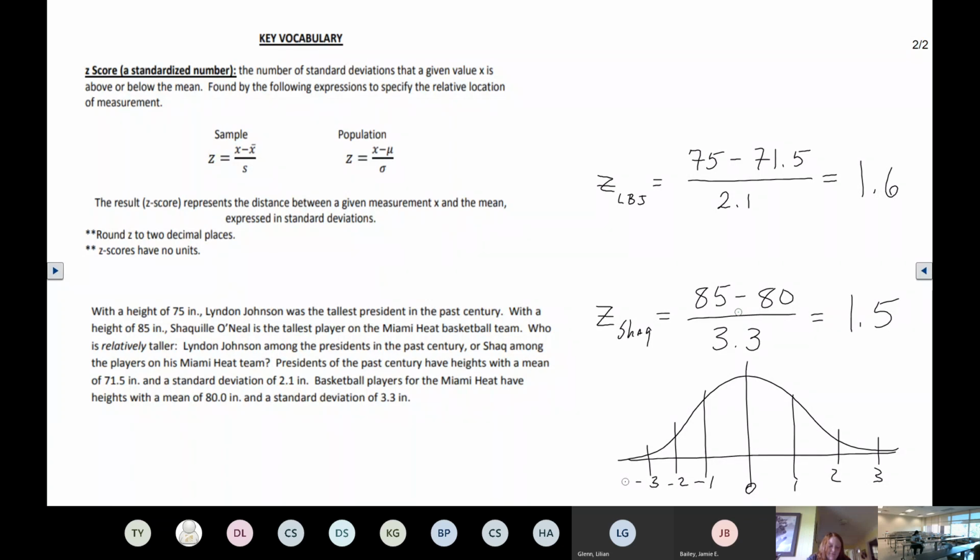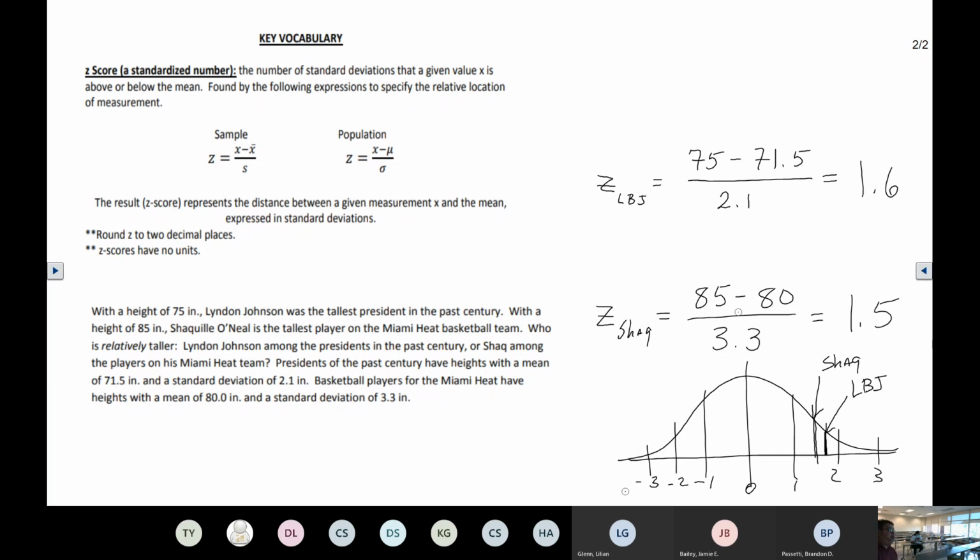Plot LBJ. Well, LBJ is 1.6. So LBJ is right there. Shaq is right here. Which one is closer to the outliers? LBJ. So LBJ is relatively taller.